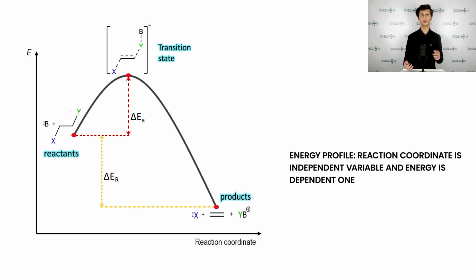However, we will not discuss it thoroughly in this lecture, as it is the subject of theoretical chemistry. Nevertheless, it is worth noting that all points on the graph, in other words, all chemical structures such as products, reactants, transition states, and intermediates, are uniquely defined in mathematical terms. So, we will use them now for the graph description.